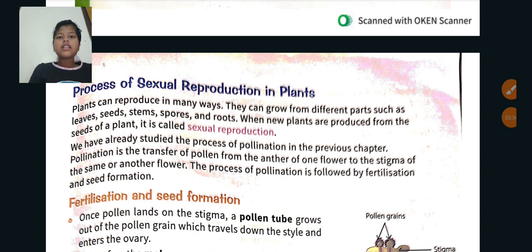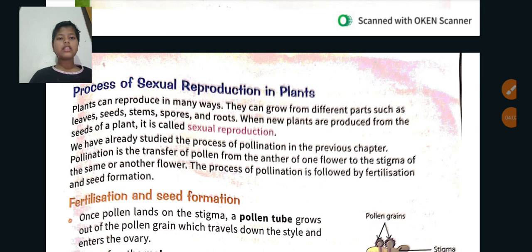Plants all around us can reproduce and spread their species in many different ways. They can grow from different parts like leaves, stems, seeds, spores, and roots. And when a plant grows from the seeds of its own plant, it is known as sexual reproduction.